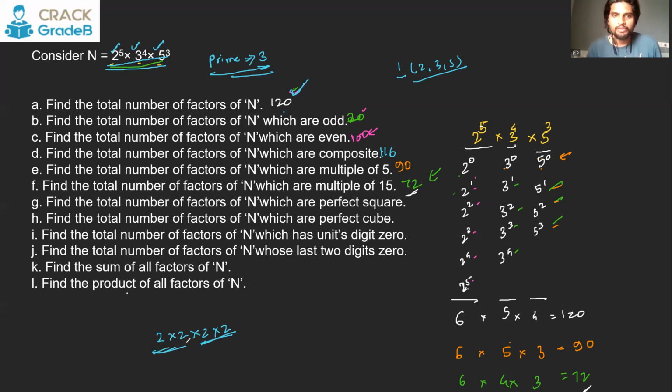So that means the power of 2 should be either 2 or 4 or 6. That means even power, so that the proper pairs will be formed. So only allowed powers from these prime factors are going to be the even power.